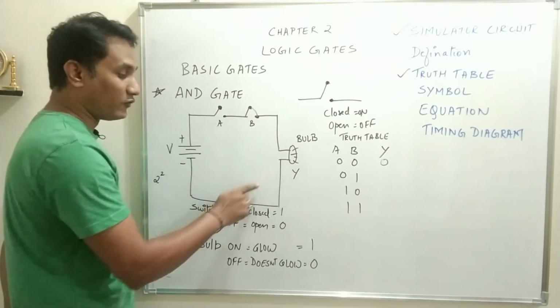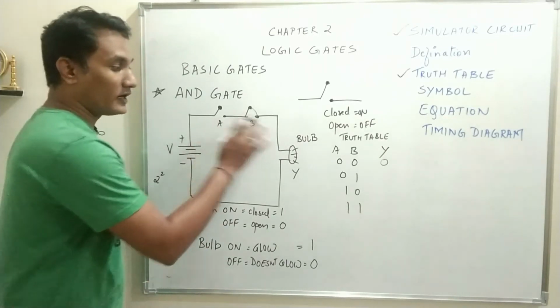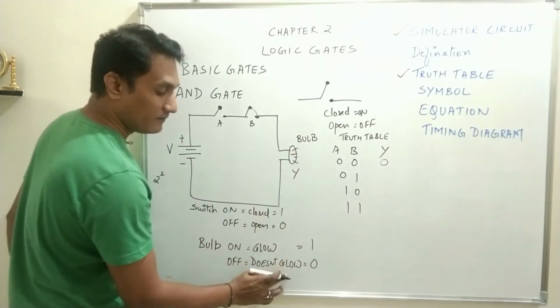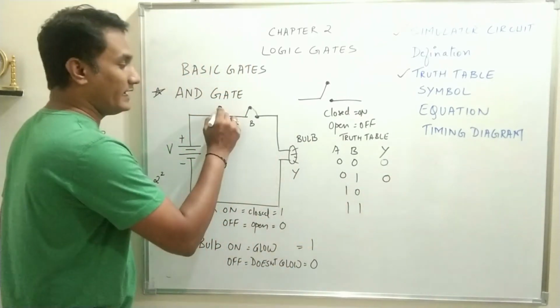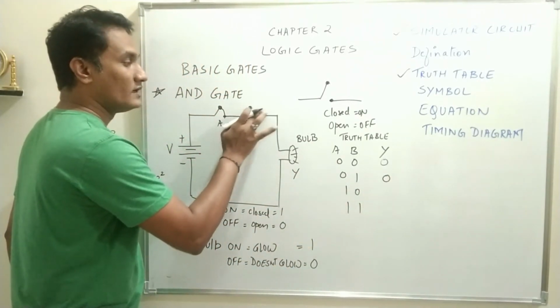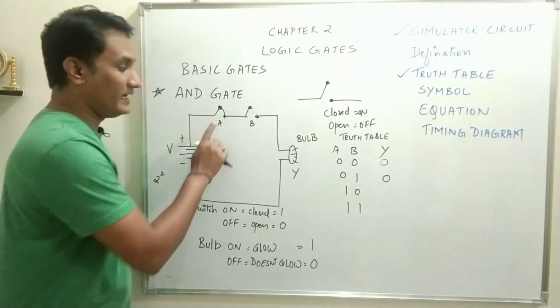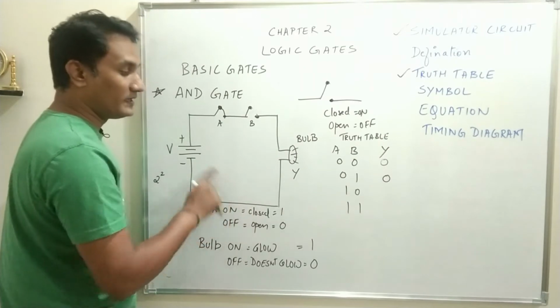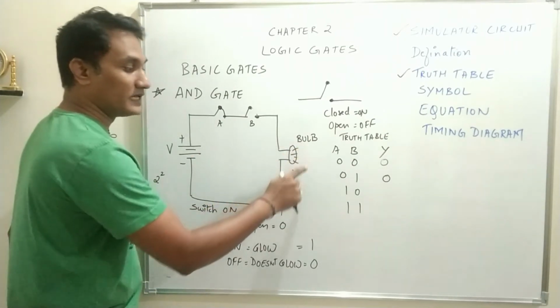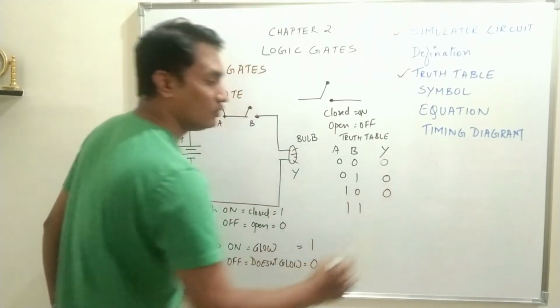So no current will flow through the circuit. If no current is flowing, the bulb will not glow, so output will be 0. Next, 1 0, A is 1 and B is 0. Still, as they are in series, the circuit is not completed, no current will flow through the bulb, the bulb doesn't glow, and the output Y will be equal to 0.